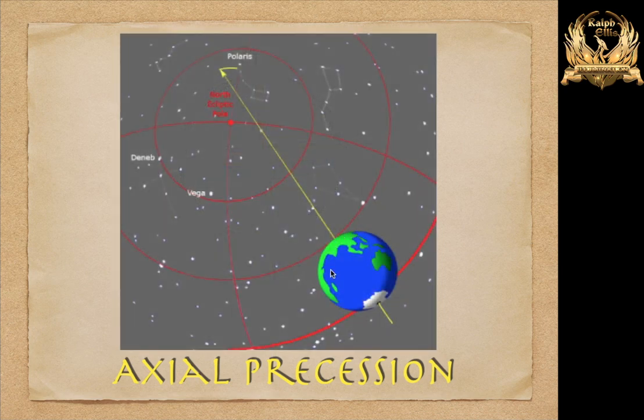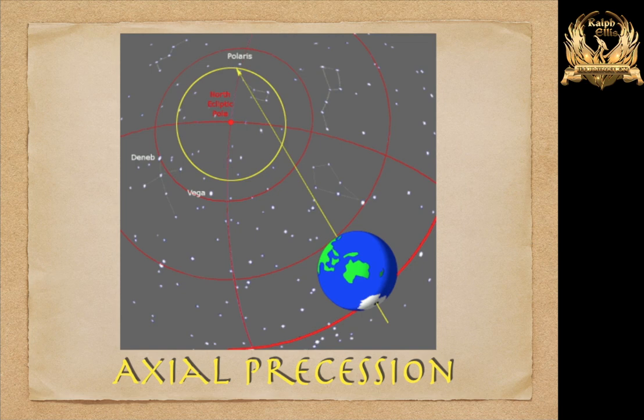So what are we looking at here? Here's the Earth. Here is the celestial axis, the axis of the Earth as it spins. And currently it's pointing at Polaris. But it wasn't always pointing at Polaris. It moves, and it moves around the north ecliptic pole. This is the red spot you see here. So let's have a look at that movement.